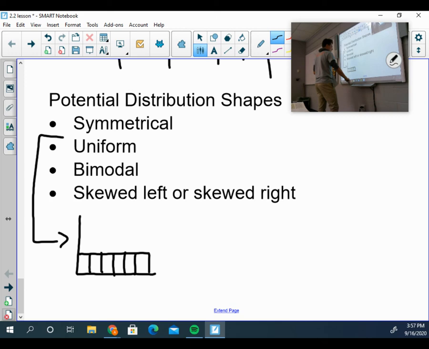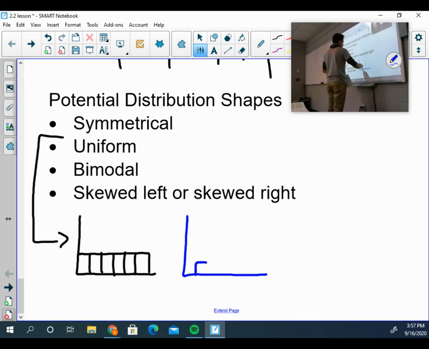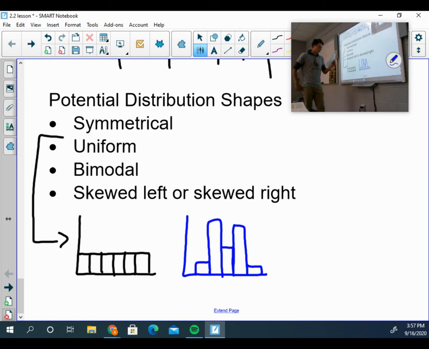Everything looks the same. Bimodal, if you look at that prefix, you might think of bicycle, 2 wheels. A bimodal distribution will have 2 peaks. So it might look something like this. A bimodal distribution, okay? And we'll have 2 peaks.